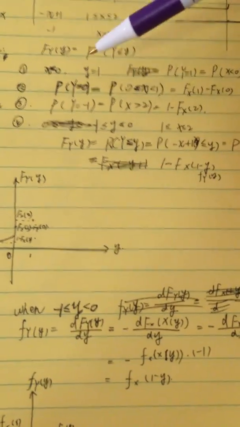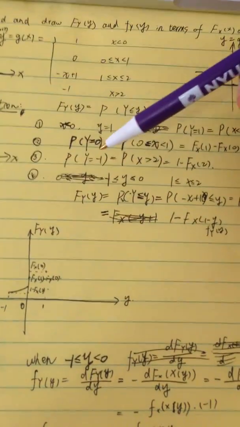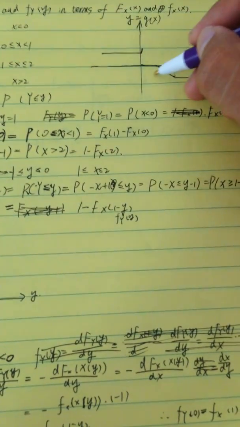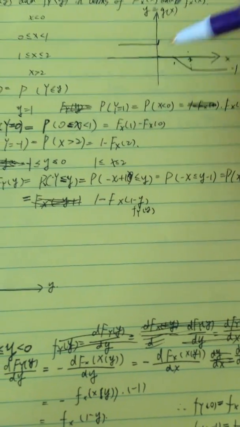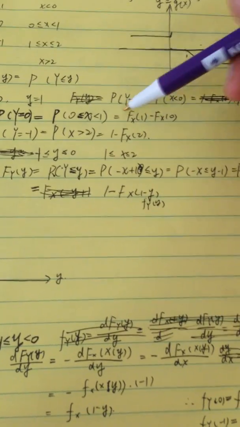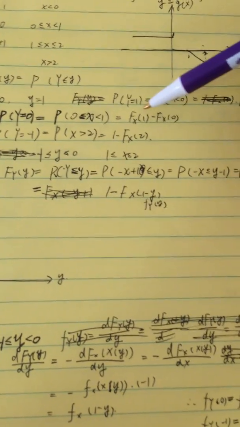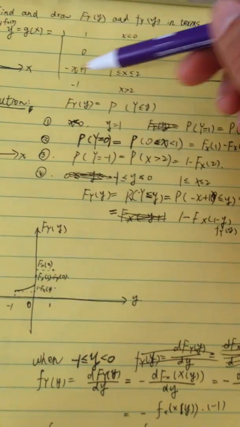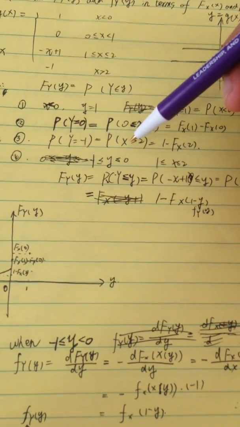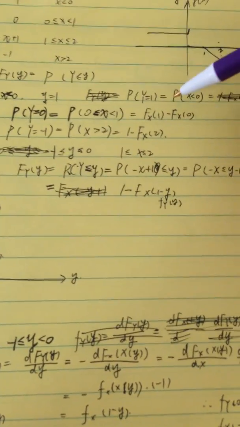The second case is when y is 0, then x is in the region between 0 and 1, so this equals FX(1) minus FX(0). The third case is when y equals minus 1, then x is more than 2, so this equals 1 minus FX(2).